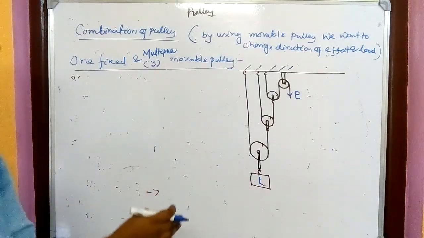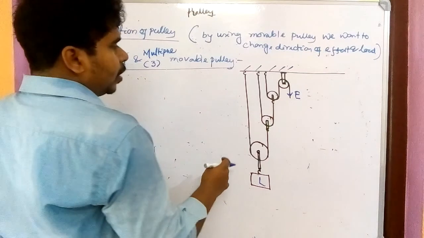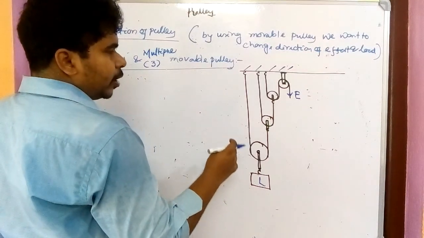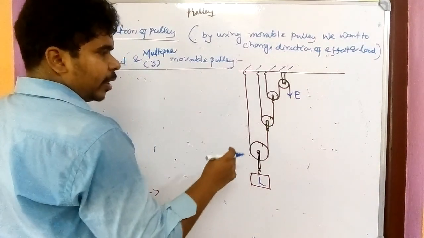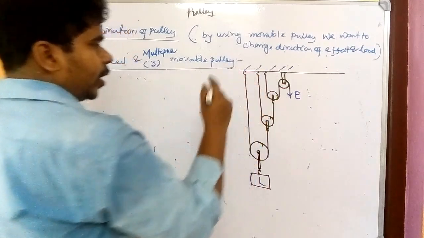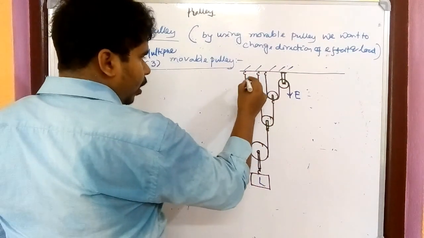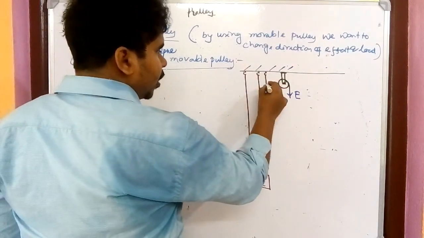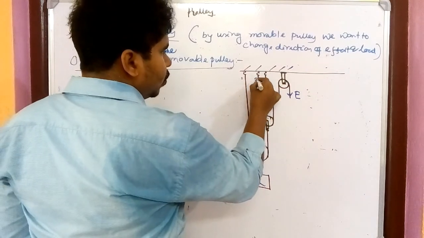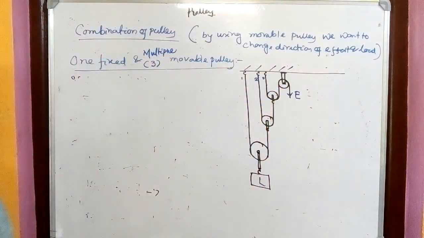Here, one thing you see, we have used three different pulleys and three different strings. It is string number 1, string number 2, string number 3. Earlier we took the same string, so all the tension was the same.